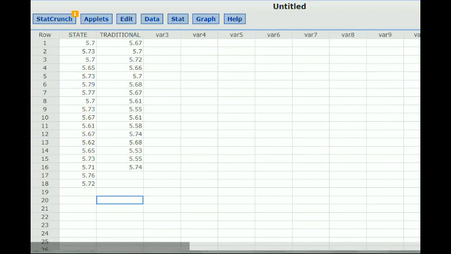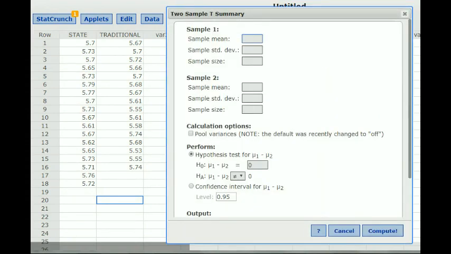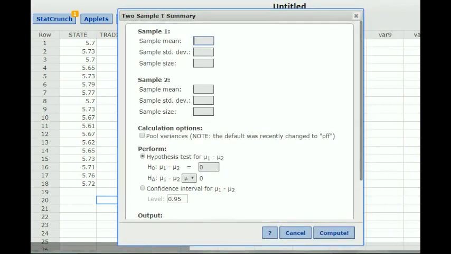Now let's look at the case of doing this with the summary. And what that means is you're given the mean, the standard deviation, and the sample size of the two samples. So now this difference is going to be due to rounding, but let's go ahead and put in the information that we were provided in class.